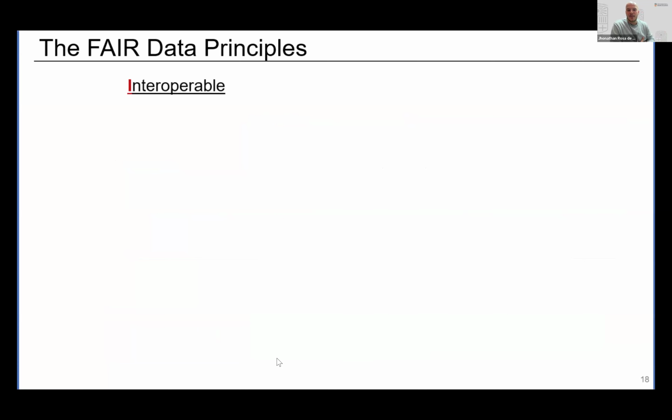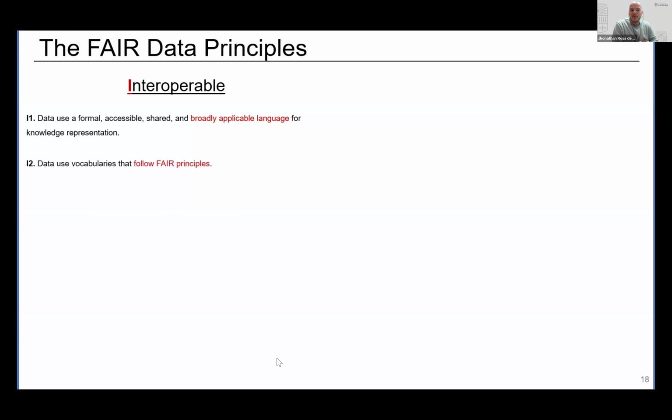Next one is interoperable. This principle says the data use a formal, accessible, shared, and broadly applicable language for knowledge representation. So your research should use some kind of accessible language, some kind of formal language that everyone can operate inside the data and the metadata.